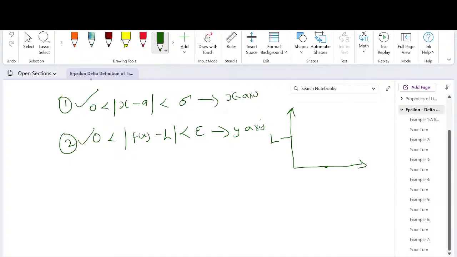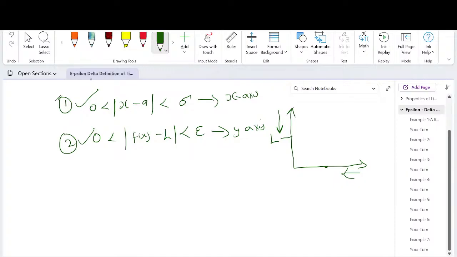Let me start with 2. 2 is asking you how close do you want to be to the limit? Then I will tell you how close you must be to the given point.